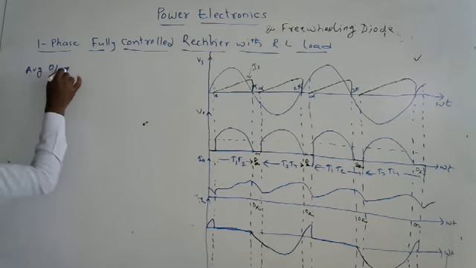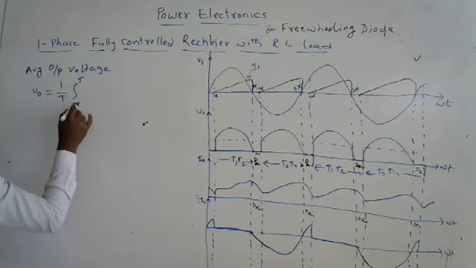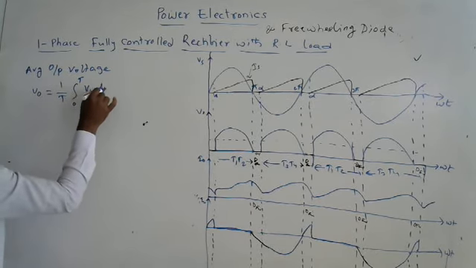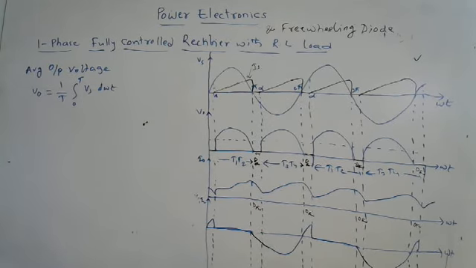Average output voltage equation is V naught equal to 1 by T integral 0 to T Vs d omega t. This is the common equation that we are using for average values calculation. Then I am writing here 1 by pi because it's repeating. So it is not 0, it is alpha to pi. Conduction takes place from alpha to pi.